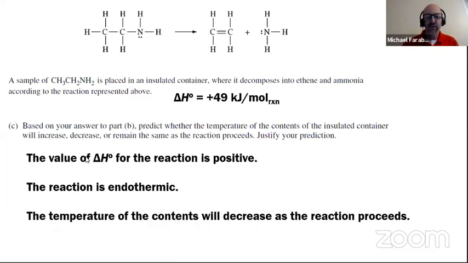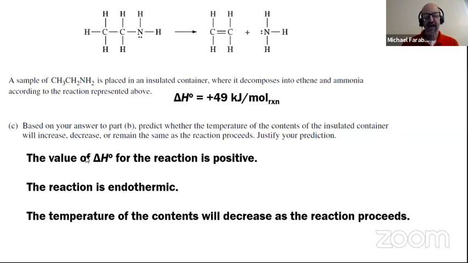Okay, this is an endothermic reaction because delta H is positive. The temperature of the contents, which again is part of the surroundings, the thermometer is part of the surroundings, will decrease as the reaction proceeds. Now, to those students that made that mistake I showed you earlier, the AP exam would award credit for an answer that is incorrect, but consistent with a previous incorrect answer.